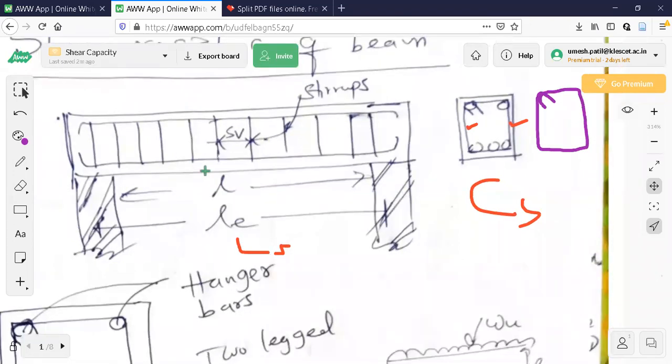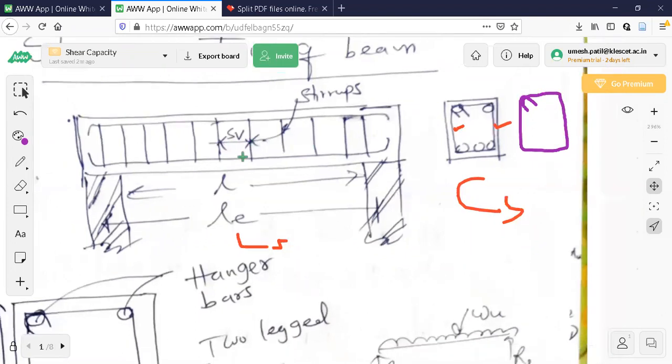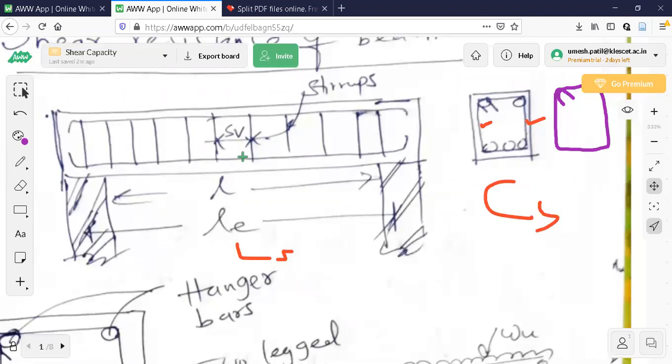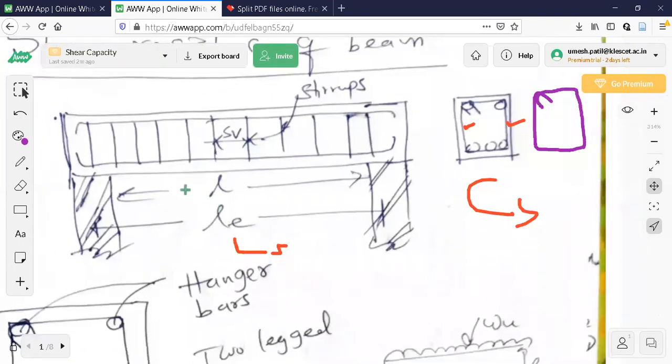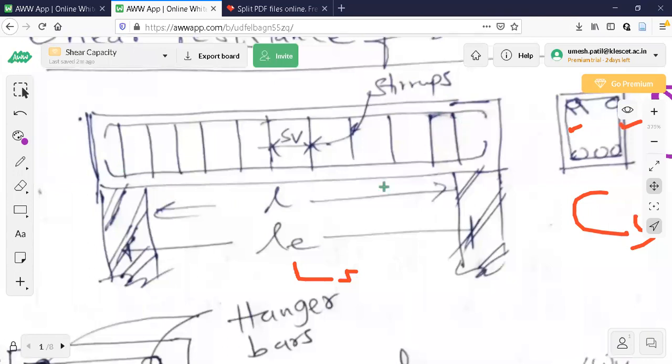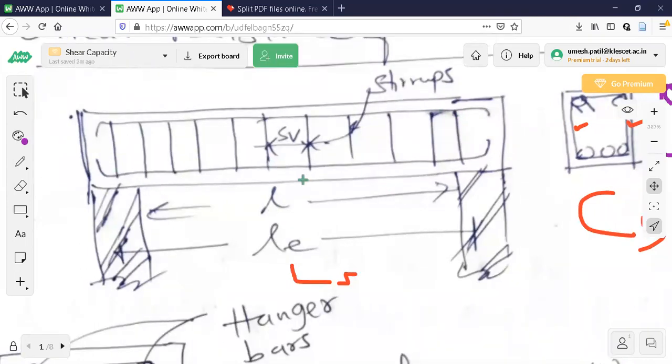These analysis problems are in module 2; module 3 is about design. In module 3, we have to find out Sv and the diameter of the bars to be used as stirrups. But here, this is analysis. All these are given. You have to just find the shear capacity. Now observe here. If you see any beam detail given by a structural engineer, you will find that near the support the spacing is very close. They are closely spaced. But when you go to the middle, the spacing is more. The reason is shear force is maximum near the supports.